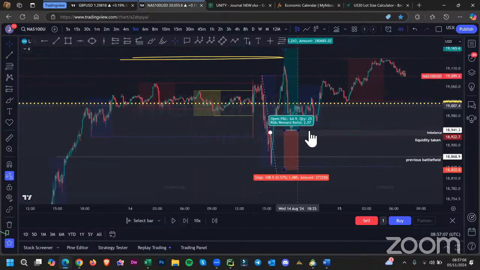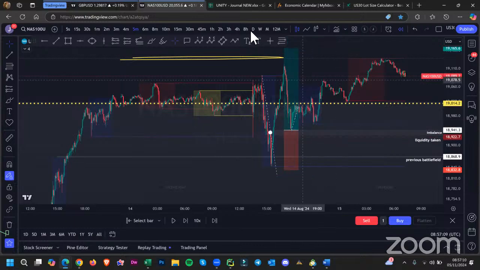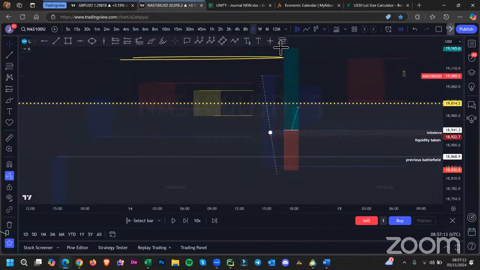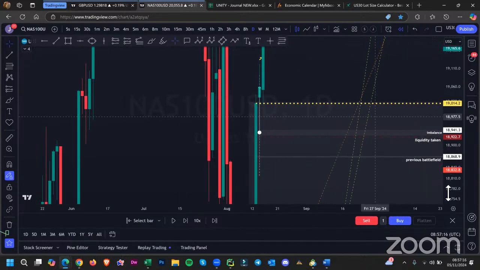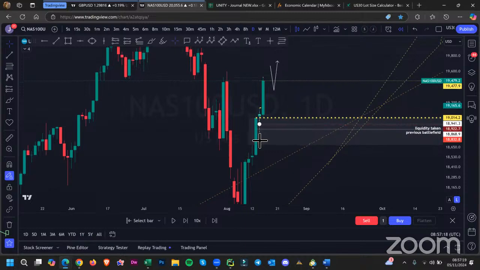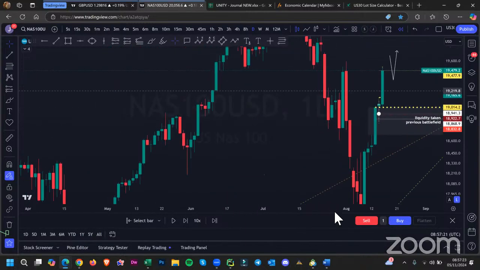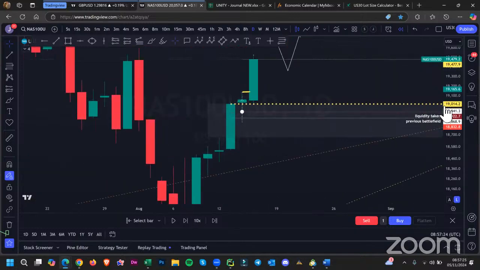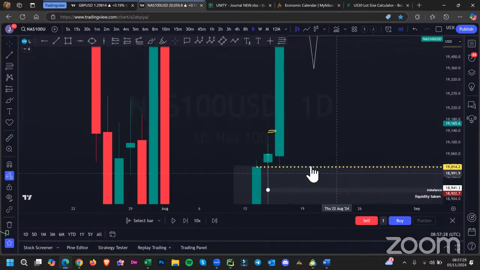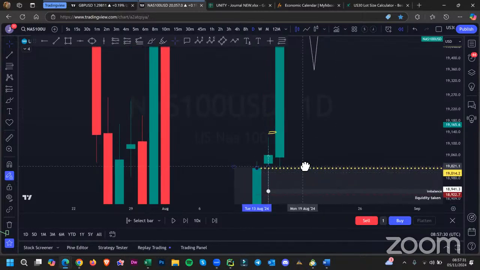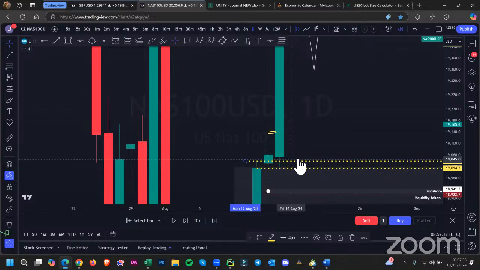But the point is this. If we go back to our daily candle, this is the only thing we didn't do. We were saying that anything below here would be a great entry, which we didn't get the best of entries. But remember what we were saying where our target would have been. It's the only thing we didn't put in there. Our target would have been at least the high of that previous candle.